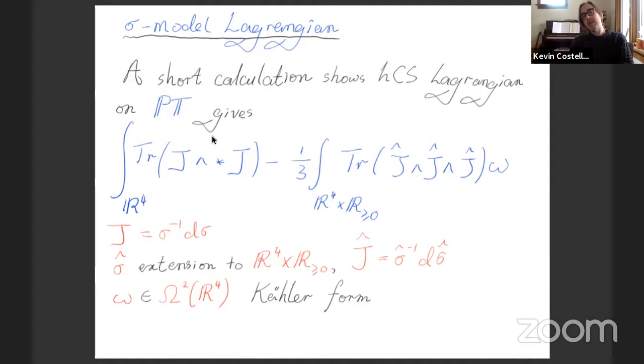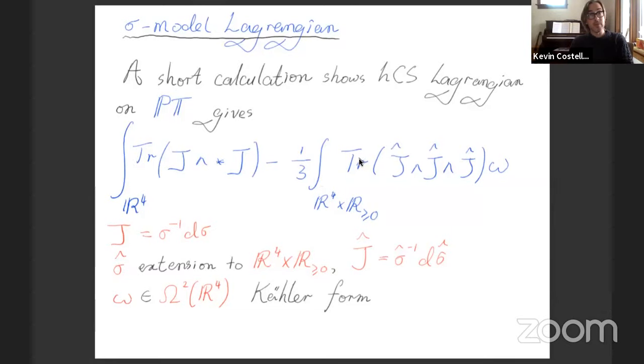If you look at this, the Lagrangian is almost the same as the Lagrangian for the 2-dimensional WZW model, except I'm doing a 4-dimensional integral instead of a 2-dimensional integral, and I've thrown in the Kähler form to make the forms of the right degree so that I can integrate them.